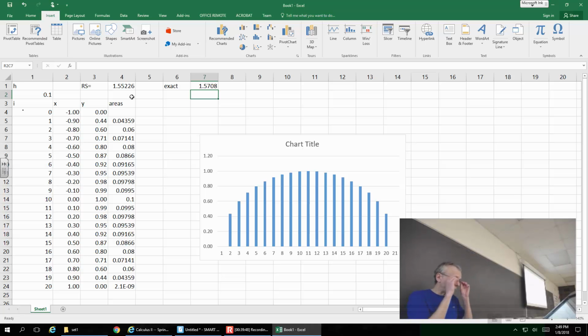So the quality of our approximation is visible here. The actual number is determined by integration, which is still to be learned. We did it with 21 points, n equal to 20, and therefore 20 rectangles, and the area is 1.55, which approximates the actual value.